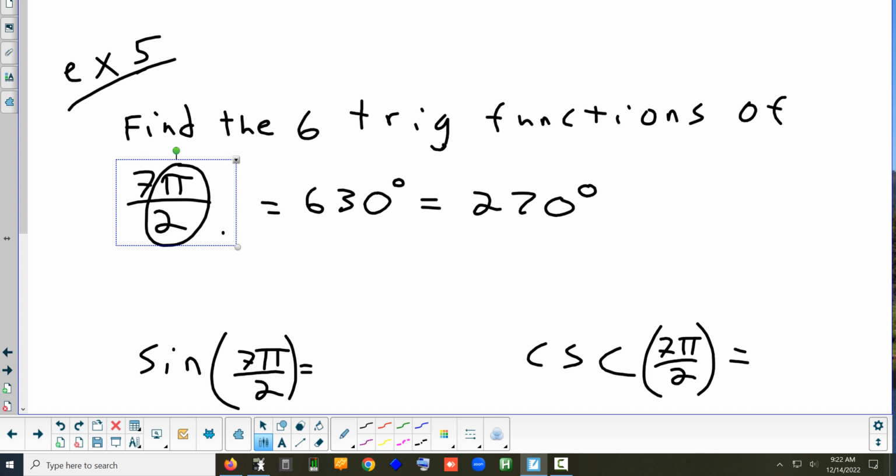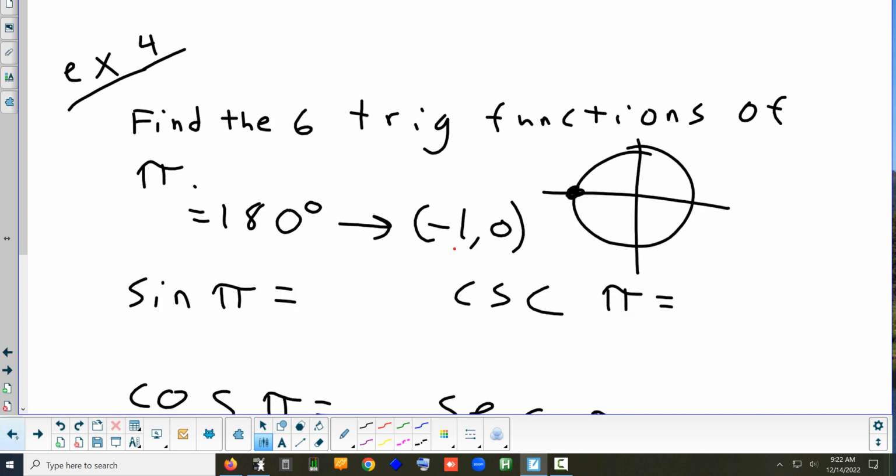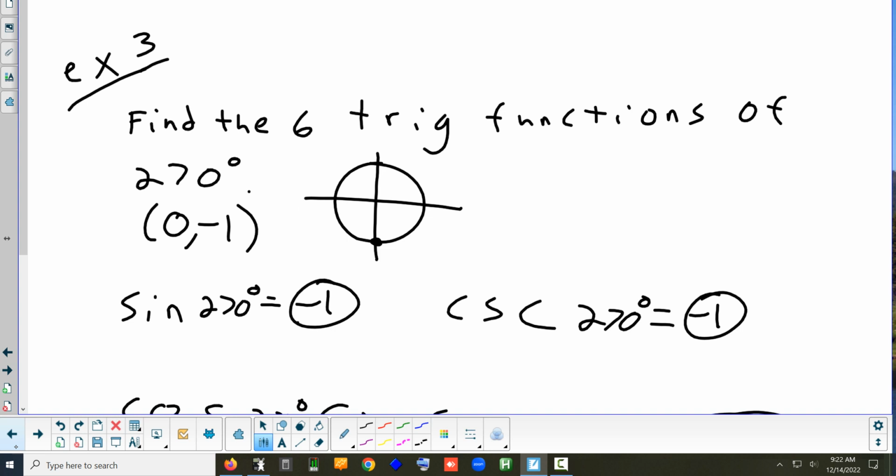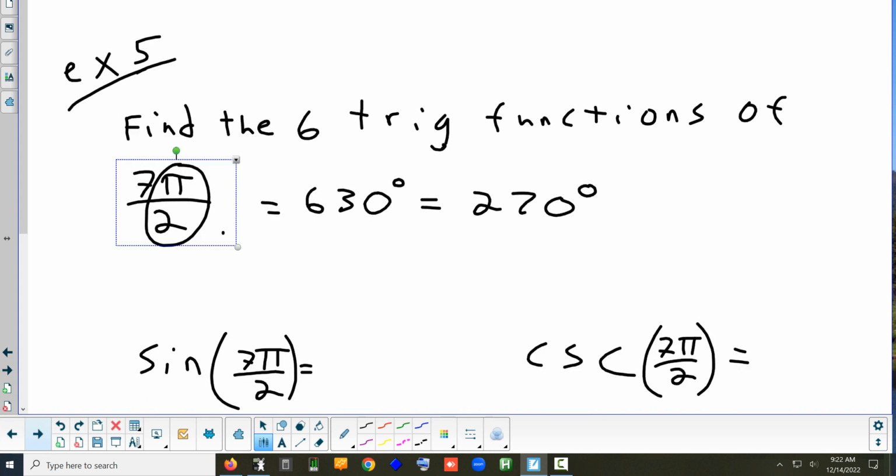So 270 degrees. We just did that. It's example 3. So this problem is exactly the same as example 3. It was written a little different, but every answer is the same. Question on it?